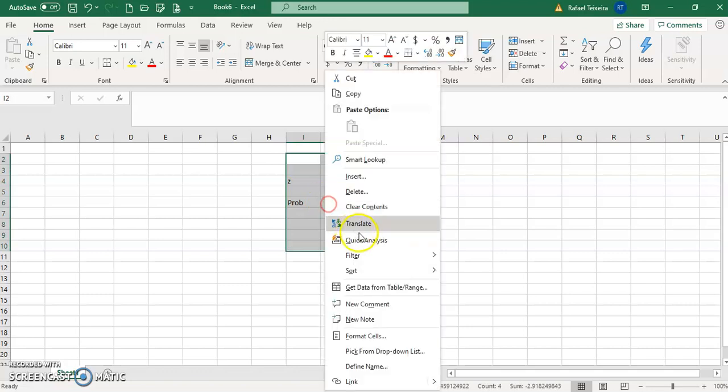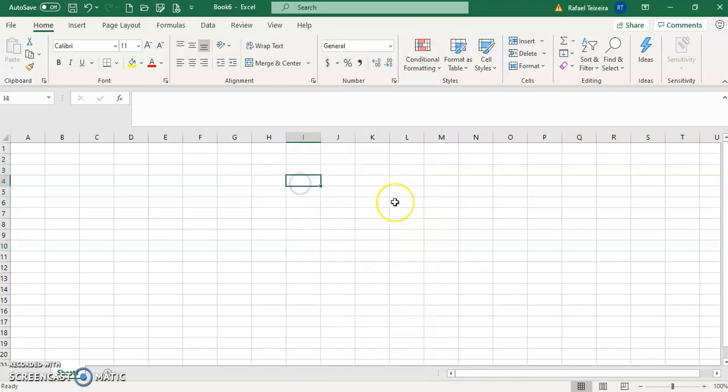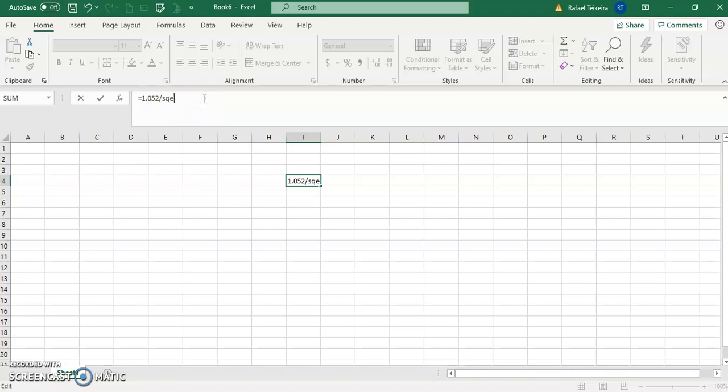So 1.052 divided by the square root of 60.